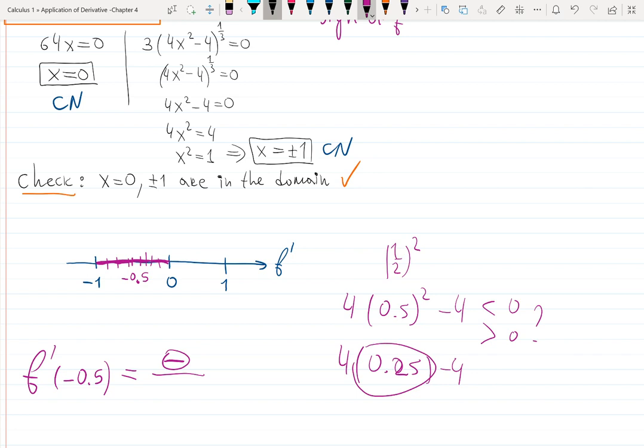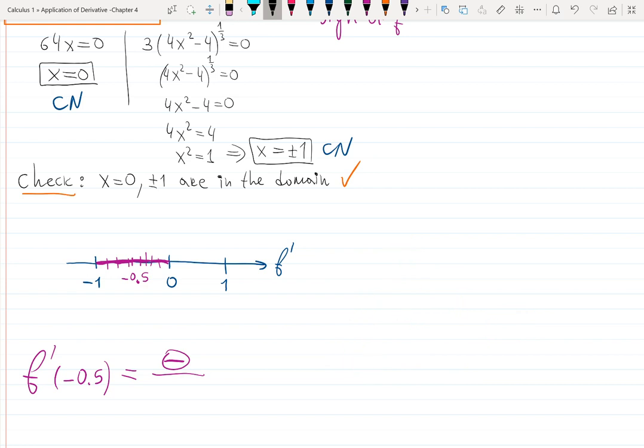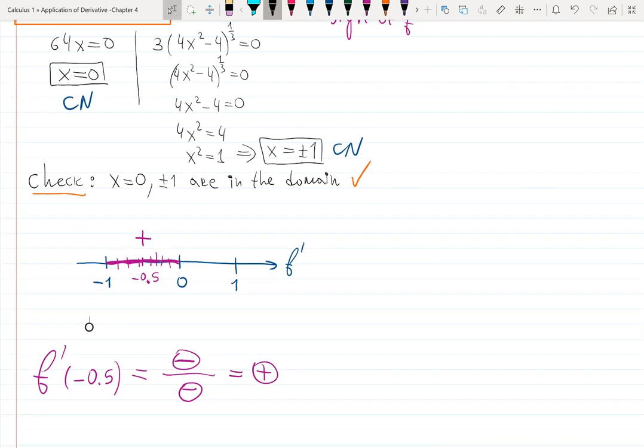Then, since this is a fraction, 4 becomes less. 4 multiplied by this fraction is less than 4. So minus 4 now is negative. So the whole answer is negative. The denominator is negative. Negative over negative is positive. That means the sign of the first derivative here is positive.